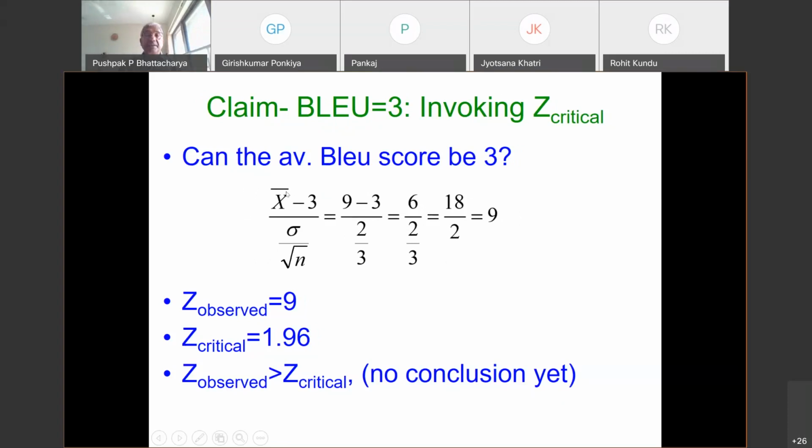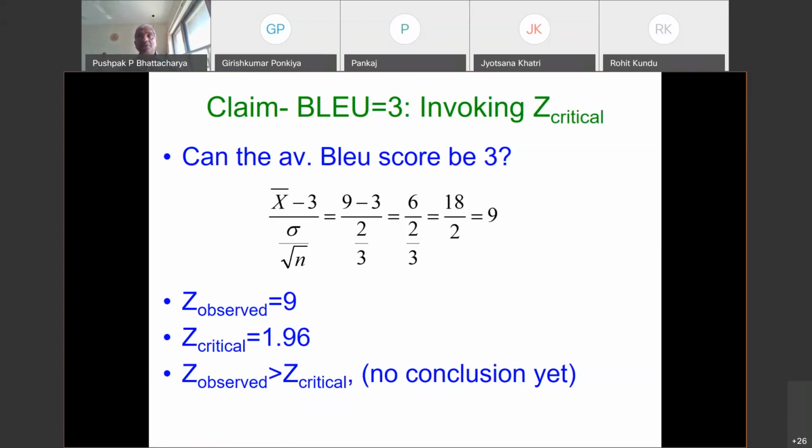If I take 3, then x bar minus 3 divided by sigma by root n. 9 minus 3 divided by 2 by 3, 6 divided by 2 by 3, 18 by 2, which is 9. Here I find that Z observed is 9, and the Z critical on the positive side is 1.96. So here Z observed is greater than Z critical. I am still drawing no conclusion.